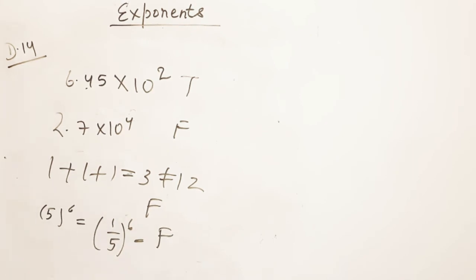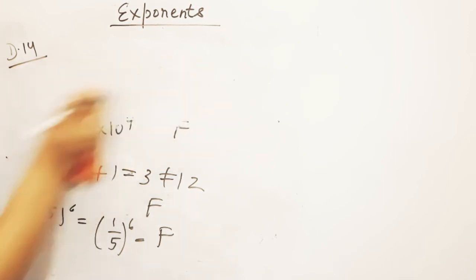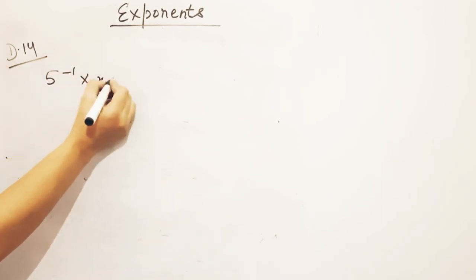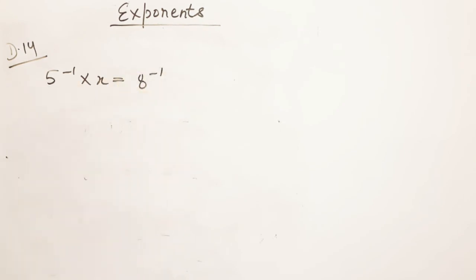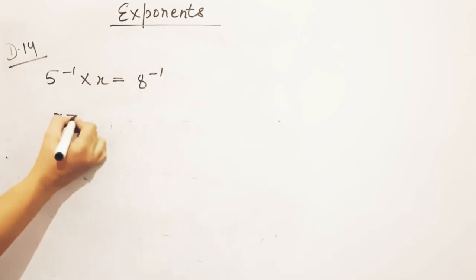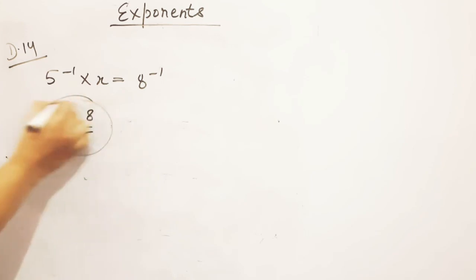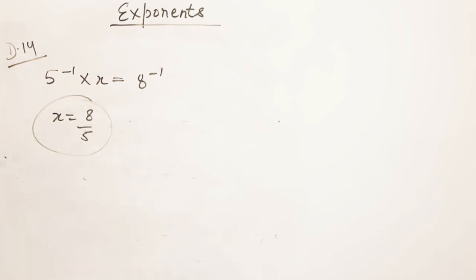Coming to the fifth one. So the fifth option is 5 inverse multiplied by x is equals to 8 inverse, right? Then x is equals to 8 upon 5. So we have to check that whether this value provided is correct or not.